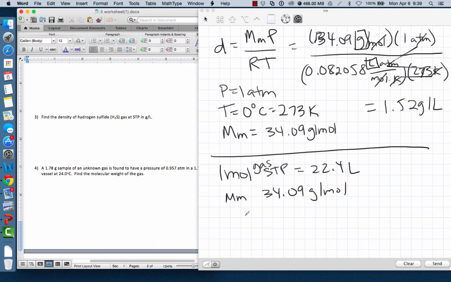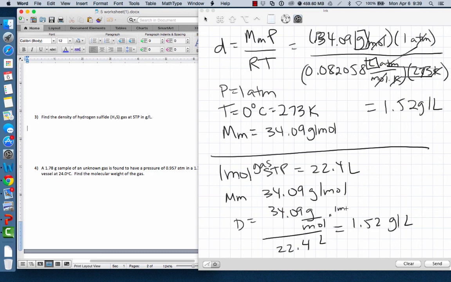And if we just do density equals 34.09 grams per mole divided by 22.4 liters, we get 1.52 grams per liter, because remember we have times 1 mole here, right? We're only doing 1 mole. So we have grams per liter.